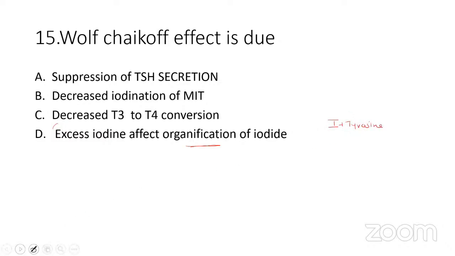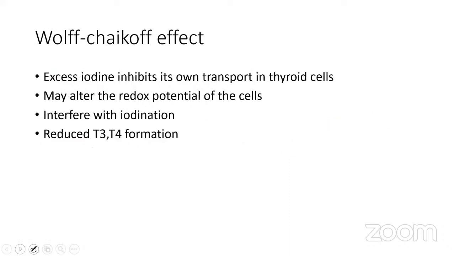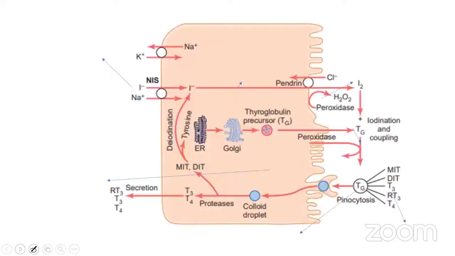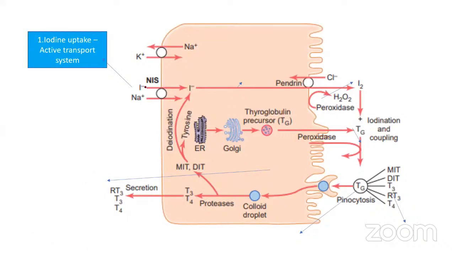To understand the answer to this question, first we must understand the basics of thyroid hormone synthesis. We know that iodine is essential for thyroid hormone synthesis. Iodine uptake occurs along with sodium, through the sodium iodide symporter.